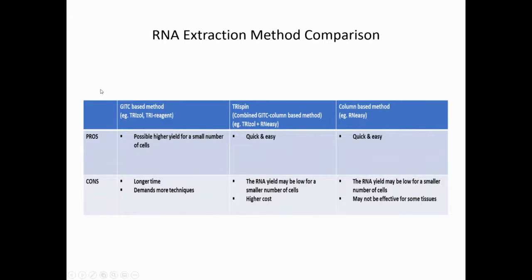The difference is that instead of only phenol, they have guanidinium thiocyanate, the GITC. So it's called Trizol. Higher yield, but it takes longer and demands more technique. Column-based is quick and easy, but the yield might be low. And if you combine GITC with column, it's quick and easy, but the RNA yield may be low and the cost higher.